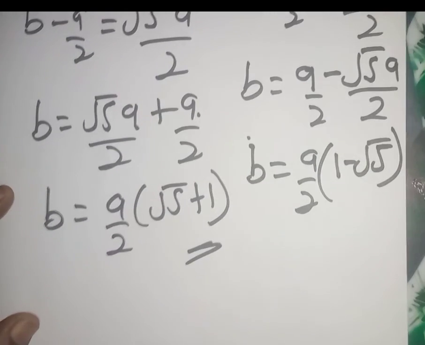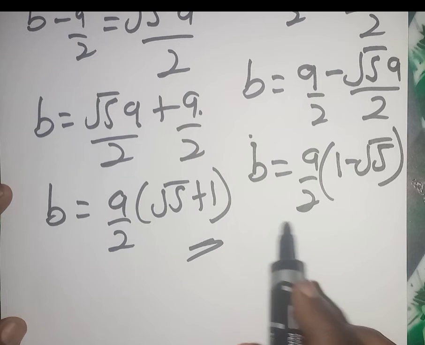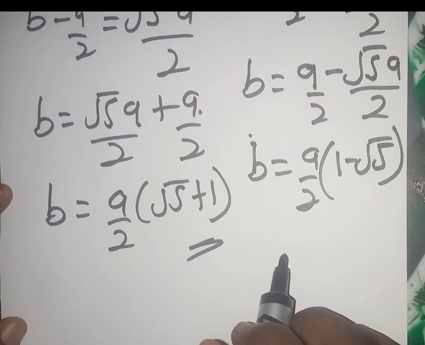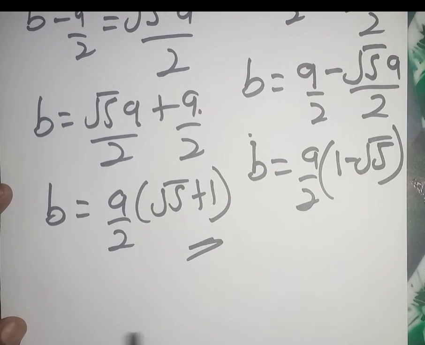So that will be the possible values of b. Now we can then go ahead and find the possible values of a, just a reciprocal of that.